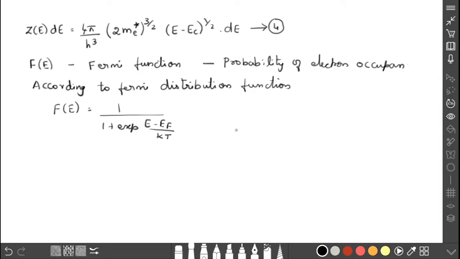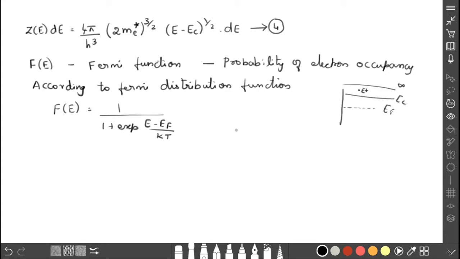So now we are going to discuss according to our condition. Already we have seen, once again I simply draw this diagram. Fermi energy in the middle. We are talking about the conduction band. So the conduction band is here, this is EC, this is infinite. We are talking about the electrons present in the conduction band.